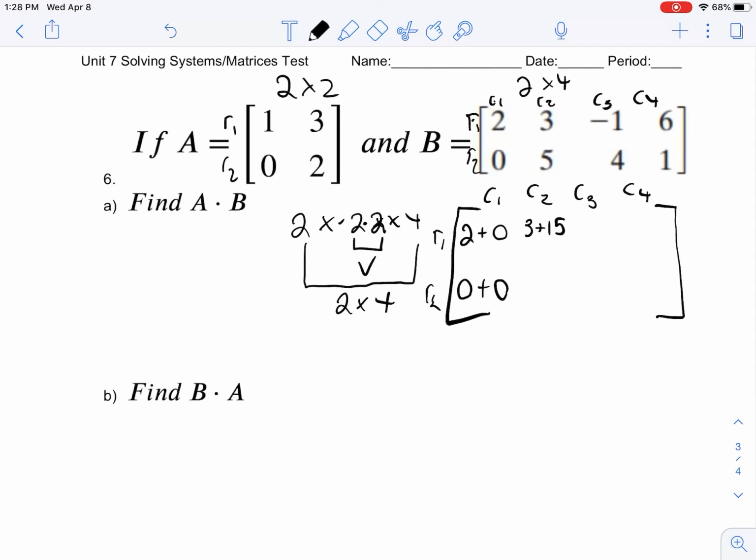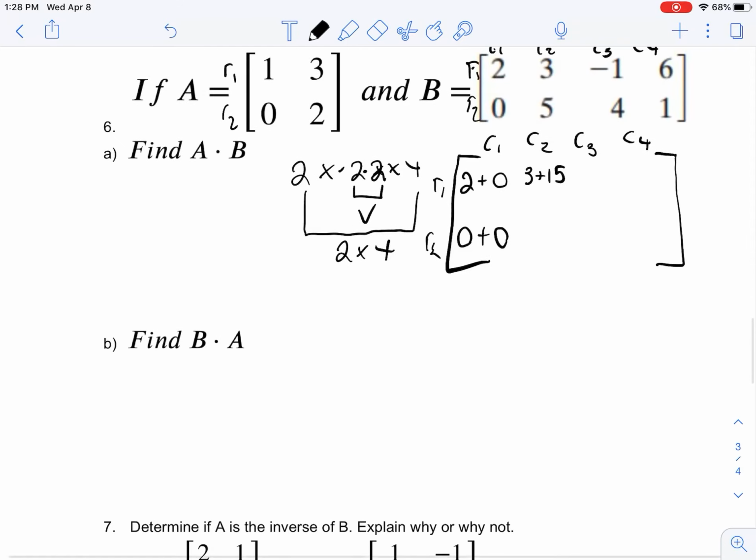And you guys are going to find your answer as you go. The issue with part B is in this same exact kind of fashion. Since it's B times A, you're taking a 2 by 4 times a 2 by 2. You guys should start to see the problem right here, and what you need to do is give me an explanation in a sentence or two explaining why this can't work.